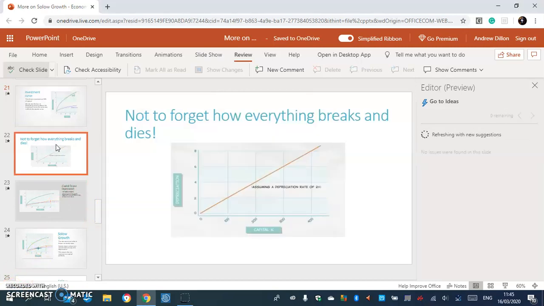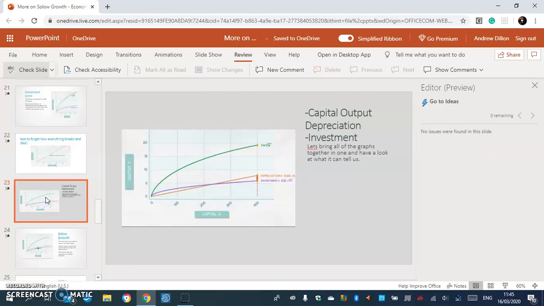But not to forget the how everything breaks and dies slide: no issues. The capital output slide: no issues. I find this interesting because the investment and depreciation slides match together and they go down to 400 on the capital side.